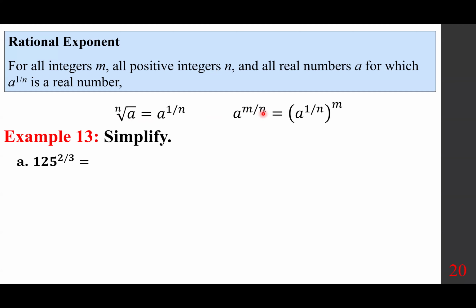A to the power of m over n. That means a to the power of 1 over n to the power of m. Please understand the product of these two is m over n. So what happens here?